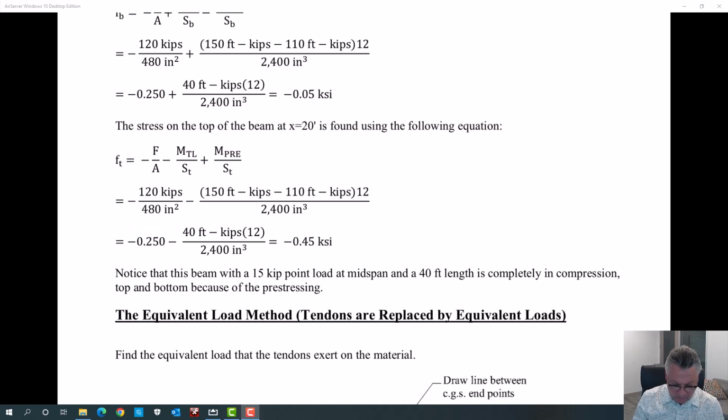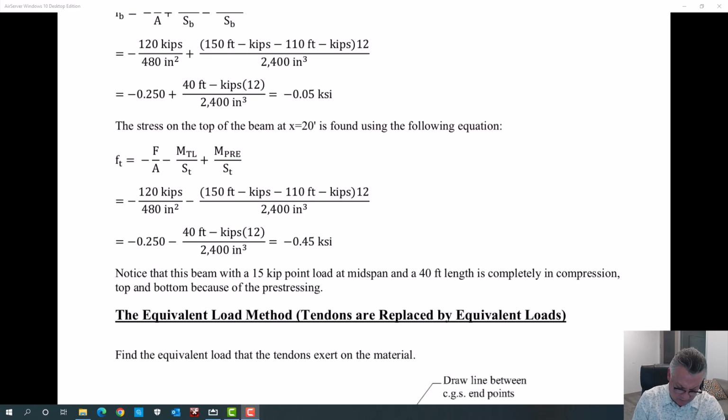So we have the same negative 120 over 480 in terms of stress, which is 250 psi, 0.25 ksi. The difference, the applied load moment is creating 150 foot kips, tension on the bottom, compression on the top. The 110 is creating tension on the top or compression on the bottom.